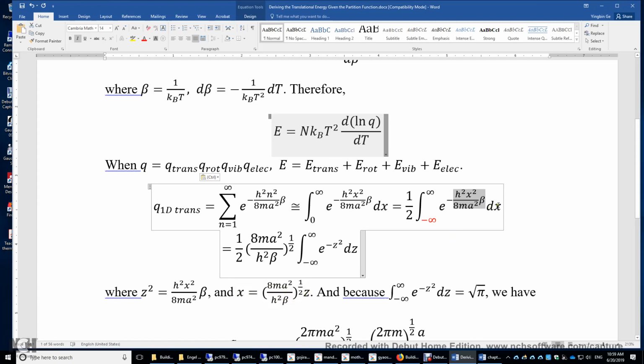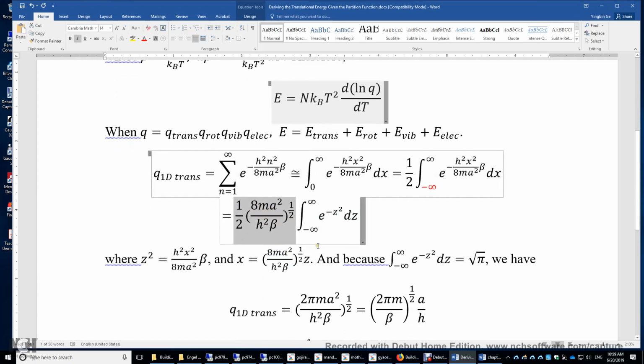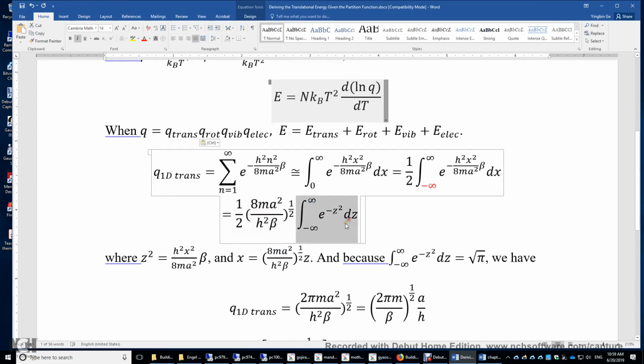So I'm replacing x with this function of z, and I'm replacing the Gaussian function with e to the power of negative z squared. Because this part is a constant, I can take it out of the integral and combine them later. How about this integral? This integral is the square root of pi. I derived this in another playlist titled Math for Physical Chemistry.